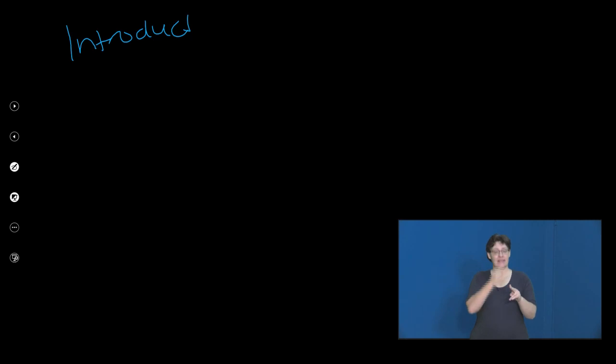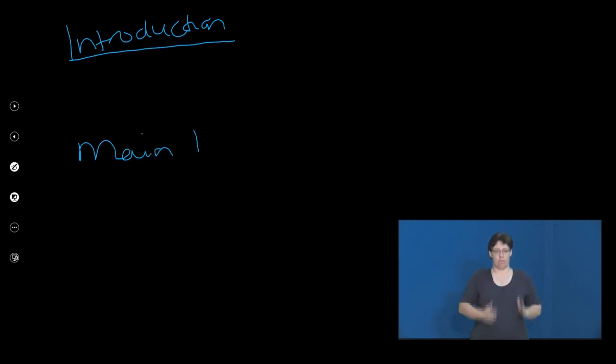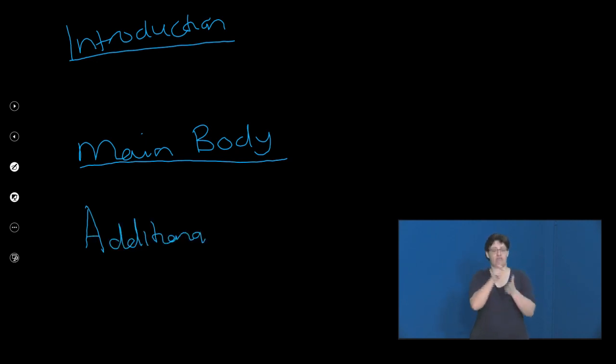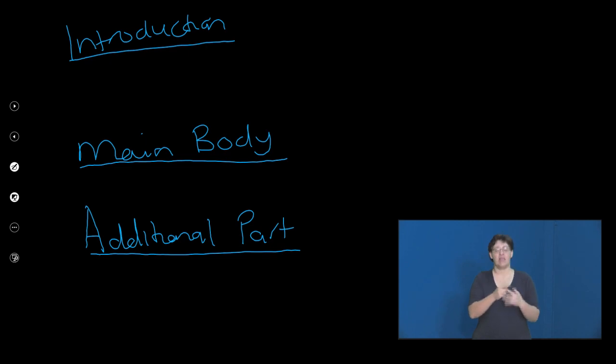Then you have your introduction, like I said, it's your definition, etc. Skip a line, write main body, and then you write your main body, like I said, in point form, fully explained with headings and examples. Then you move on, you skip a line, you write additional part, then you write your additional part there, right? You evaluate, you draw your conclusion, underline again, and then you skip a line, then you write your conclusion there.